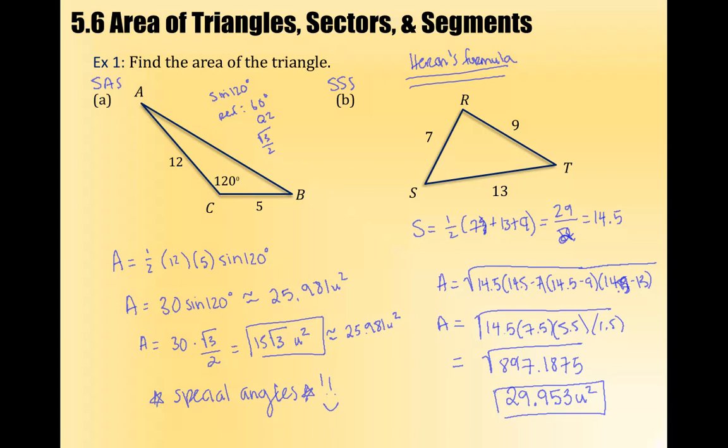Right, so that's using Heron's formula. If you wanted to find one of the angles, you could do that, right? Like I could go ahead and find angle R and then use this formula. If I wanted to find the height here, nope, I couldn't, could I? I don't believe I could. I don't have an angle. Here I could have found the height, no matter where it is.